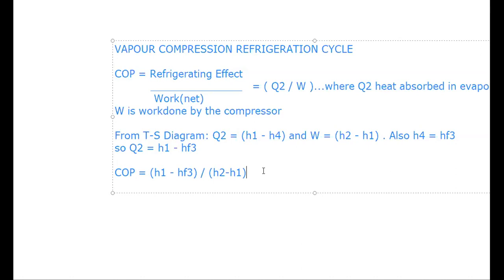So that is about the vapor compression refrigeration cycle. What we have to do: sometimes they will be asking problems, and they will give them in such a way that based on the condition of the vapor, you have to calculate the enthalpies.